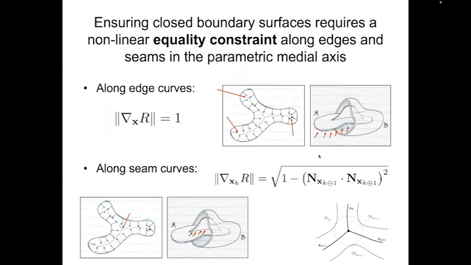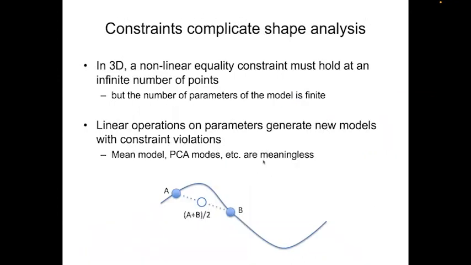And of course, even if we were able to somehow get two models, A and B, to satisfy these constraints, any kind of linear operations involving A and B, like (A plus B) over 2, will almost certainly break that constraint because of the nonlinearity of the constraint. Right?